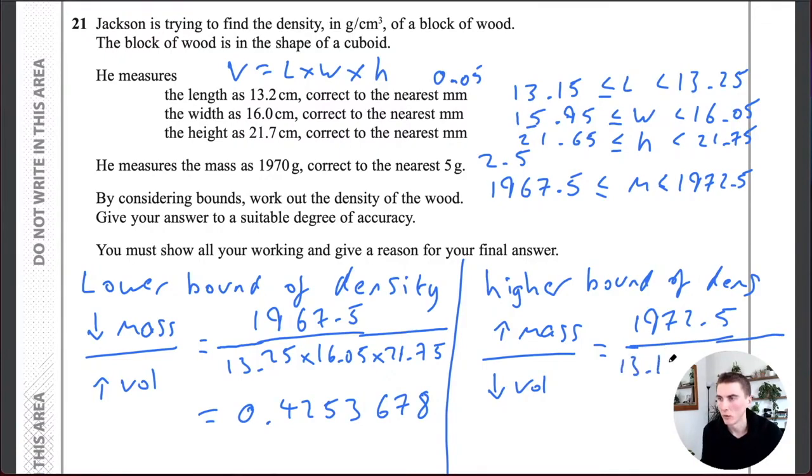So 13.15 times 15.95 times 21.65. And again, I'll pop all of that in the calculator. So we've got 1972.5 over 13.15 times 15.95 times 21.65.